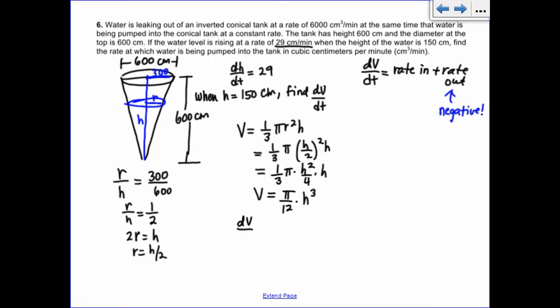So I get dV over dt equals pi over 4 h squared dh over dt. And I plug everything in. So I know h is 150 centimeters. dh over dt is 29. dV over dt is what I'm trying to find.